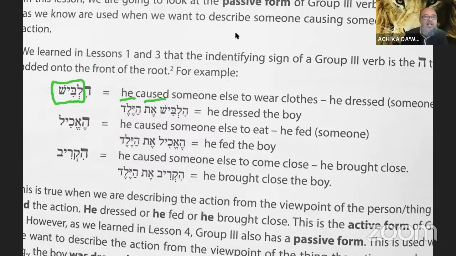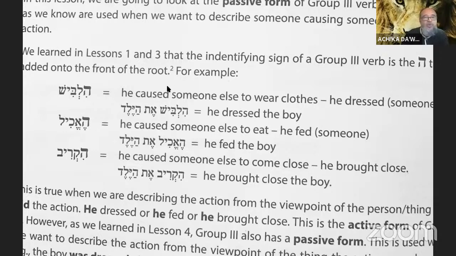I'm not going to get into how it sounds, it's hith bish, because that's a little confusing. Let's just deal with what it looks like and what it means. What the letter hey sounds like is not an issue.